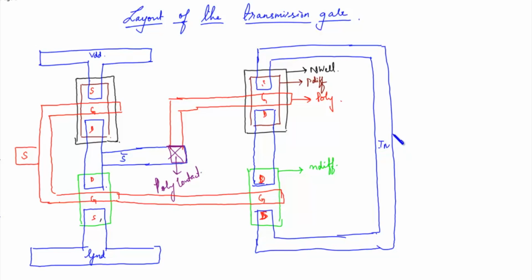You can say this is your input in. This is your output out. This is your metal 1 layer. Then you have to place the contacts over here. This P diffusion layer is to be connected with the metal layer.